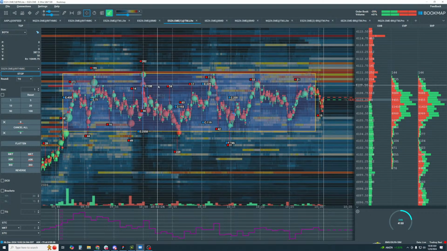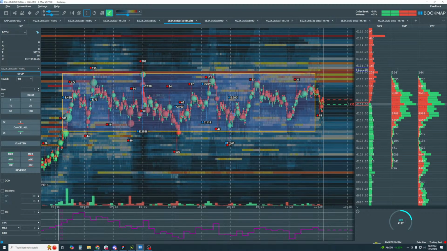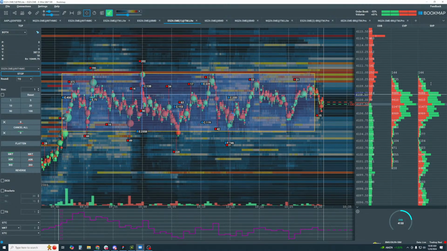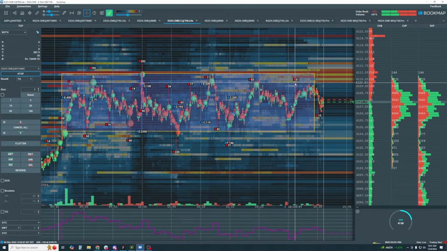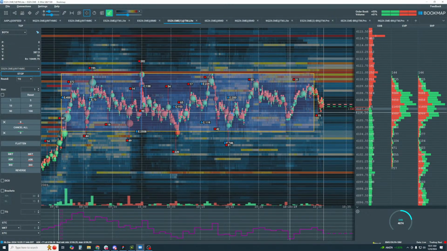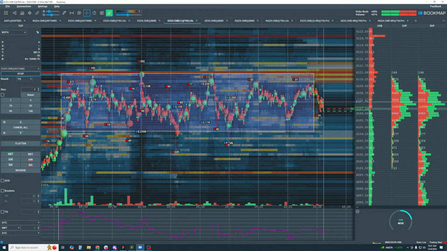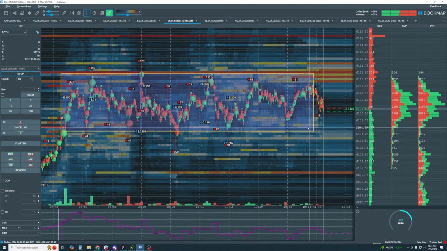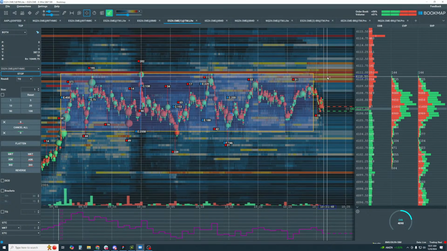I want to go through this a little more like auction market theory and volume profile, but we'll look at a profile or two and not cover too much of that. We're going to cover supply and demand. That's not in here. These are transactions. Supply and demand is here in the heat map.